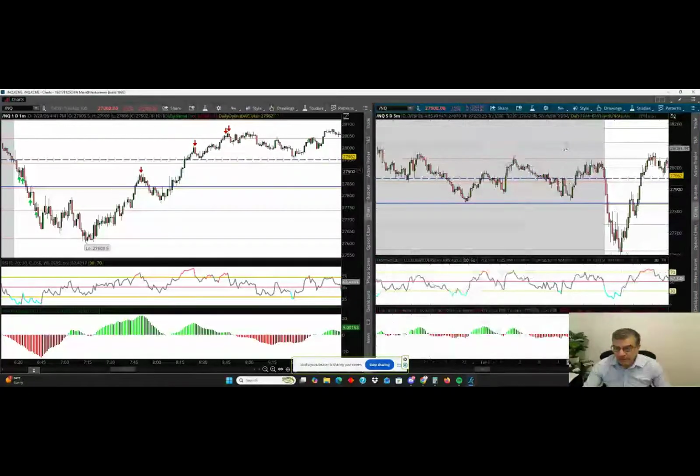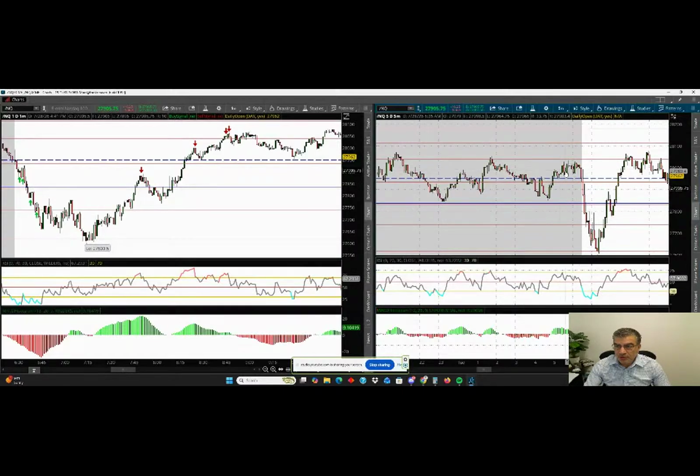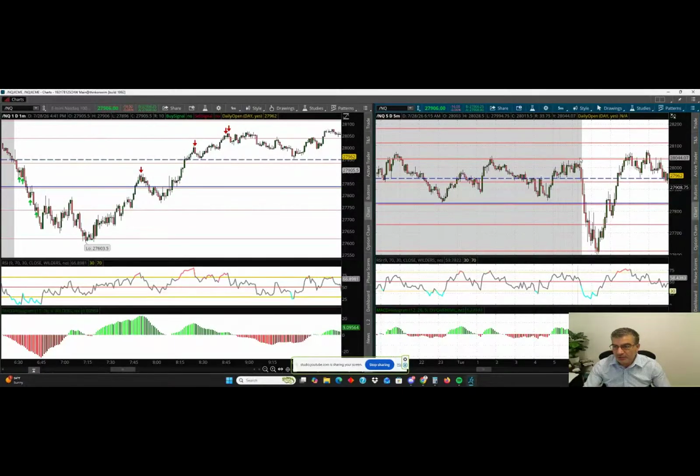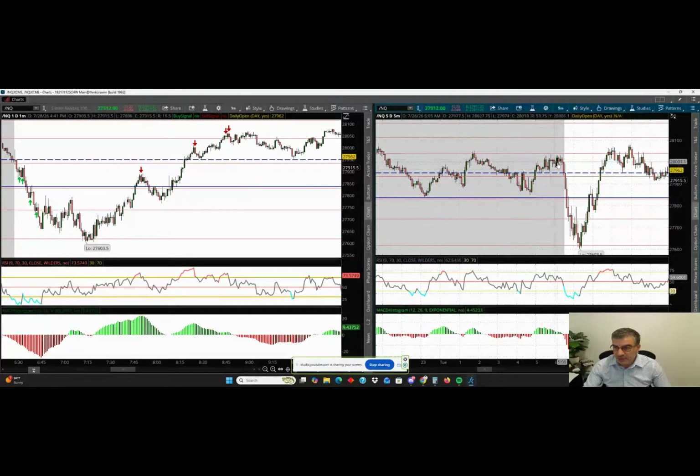That's important because the market came back up right before it opened, and it was never able to go above that level right there, and it dropped from there on. That was a good indication of a short when the market opened.